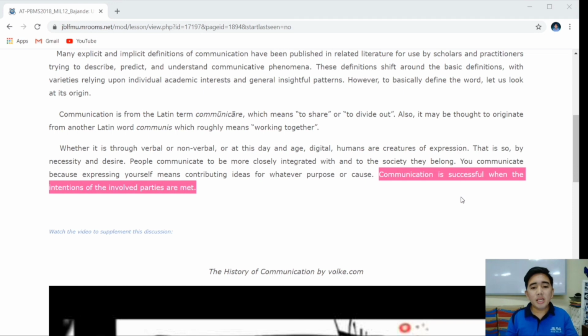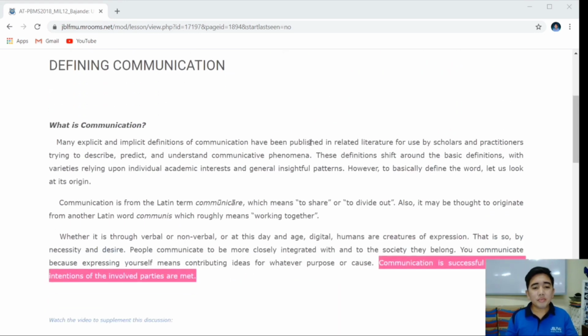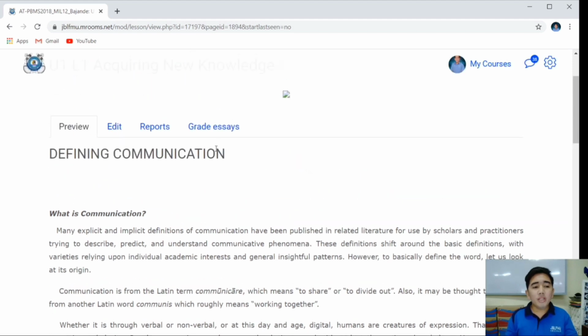So class, as you can see, we have here the definition of communication. Before we go to the main topic or the lessons that we have to learn in this subject, we are going first to define what communication really is, its origin, and how it affects people who use it as a tool to share information.